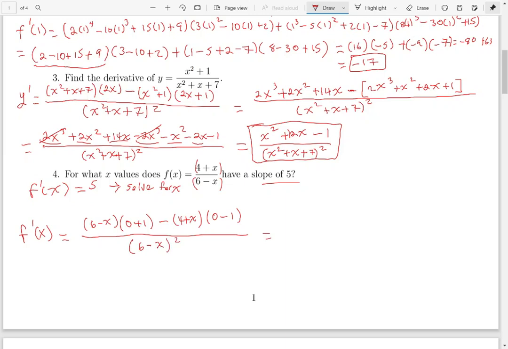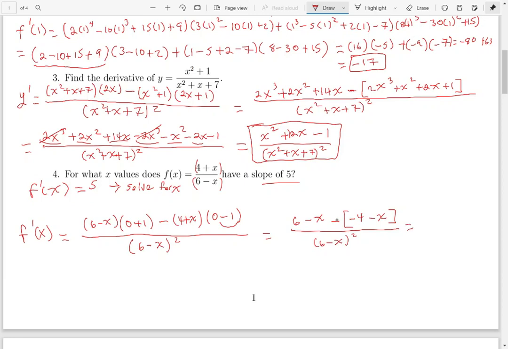So, what do we then have? This is going to be 6 minus x minus, be careful with this again, that's then going to be this negative 1 distributed, which is then going to be negative 4 minus x, all divided by 6 minus x quantity squared.